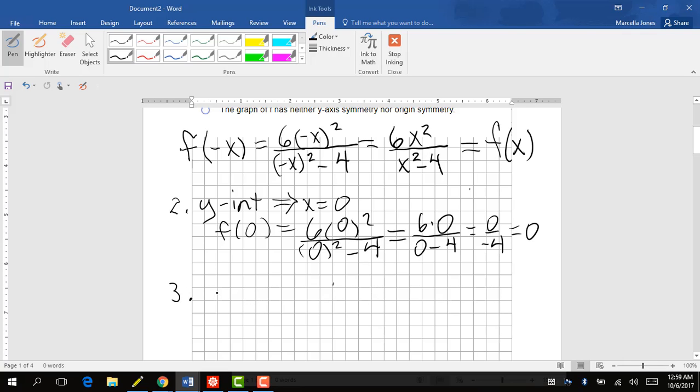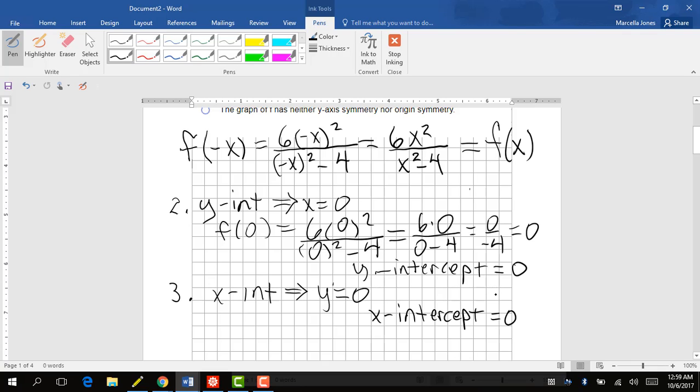And that actually tells me that the x-intercept is 0. The x-intercept occurs when y is 0. Well, that automatically happened here. So my y-intercept is equal to 0, and I kind of got for free that my x-intercept is 0.